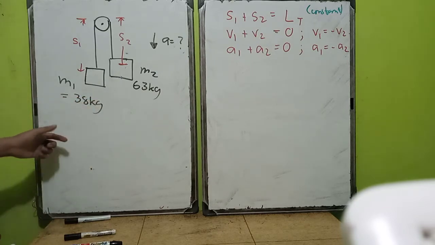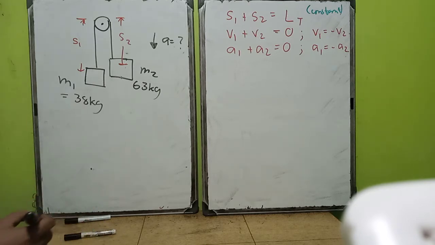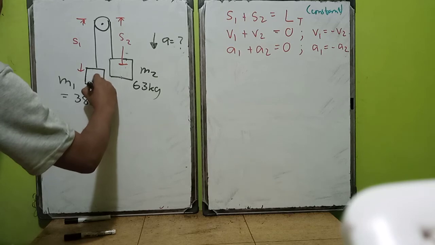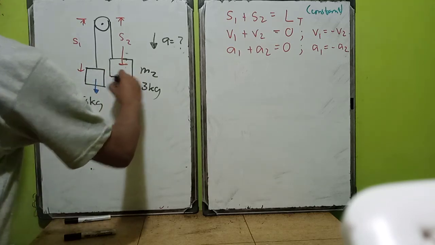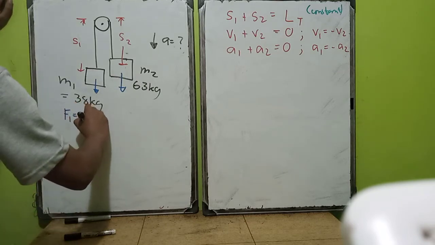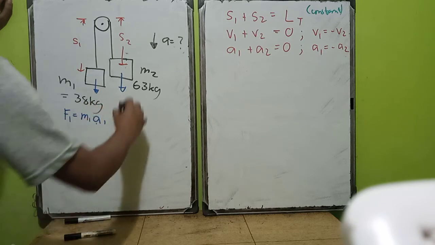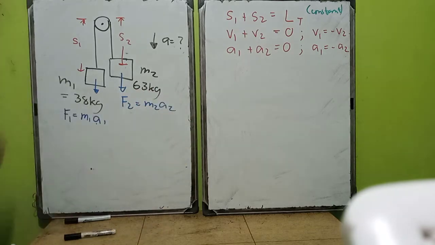So in this situation, if there are only two, we can say, by the use of just some logic, that both of them have force. Let us say force 1 is equal to mass 1 times acceleration 1, and F2 is equal to mass 2 times acceleration 2.